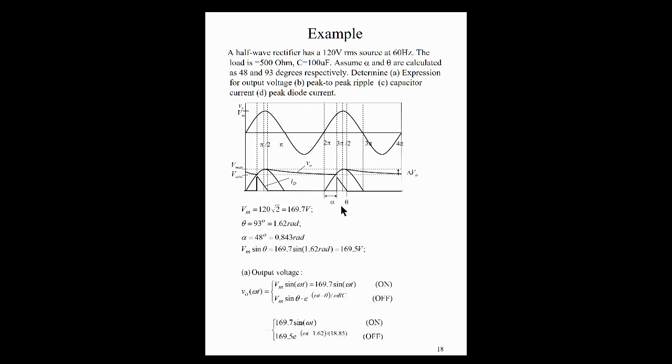So you just need to substitute the values, right? So you will need the peak voltage. Here you are told that it is 120 RMS, so you can multiply by √2 to get the peak. And note that the angles that we use, you should convert them to radians.